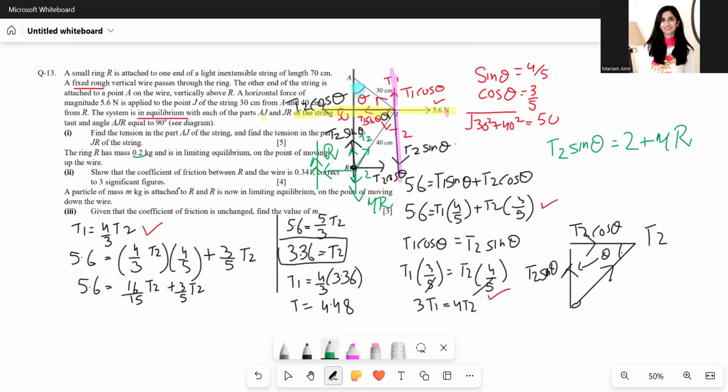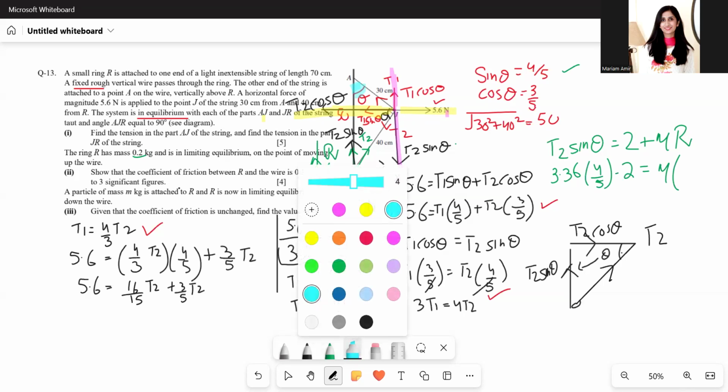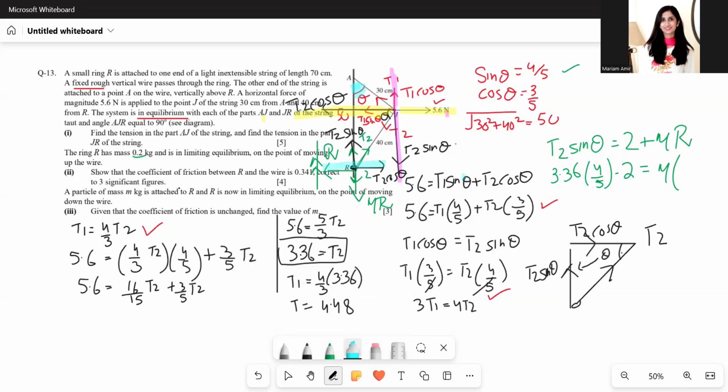T2 is 3.36. We know what sine theta is. Sine theta had come out to be 4 by 5. So 3.36 times 4 by 5 minus 2 equals mu R, and for R we equate these forces.